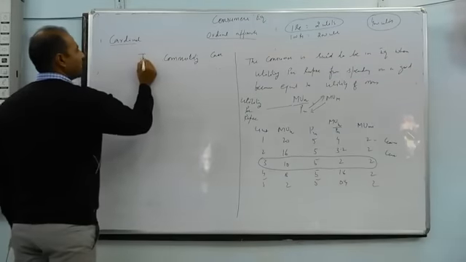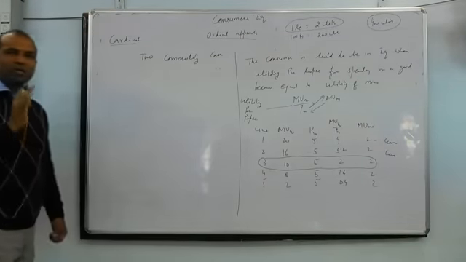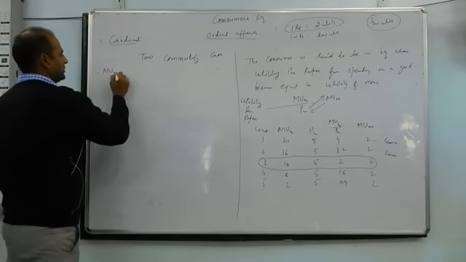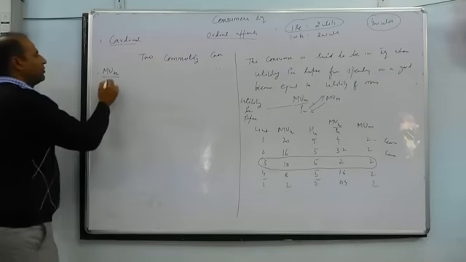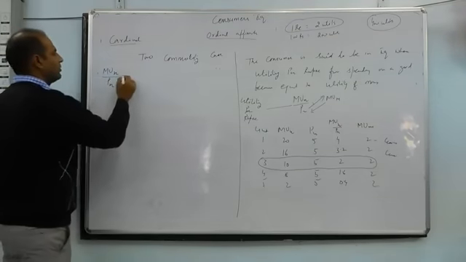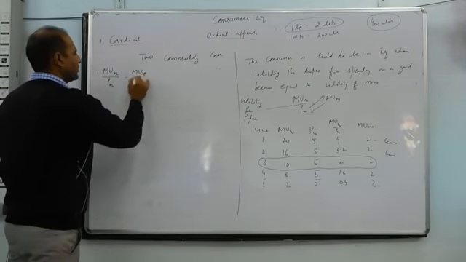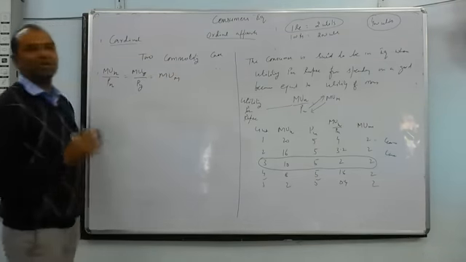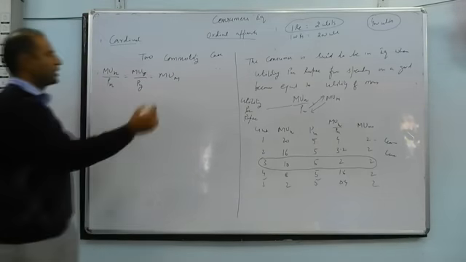Now the two commodity case. In the two commodity case, the consumer is in equilibrium when the ratio of marginal utility of both the goods to their respective prices becomes equal to the marginal utility of money. I have taken this from here.